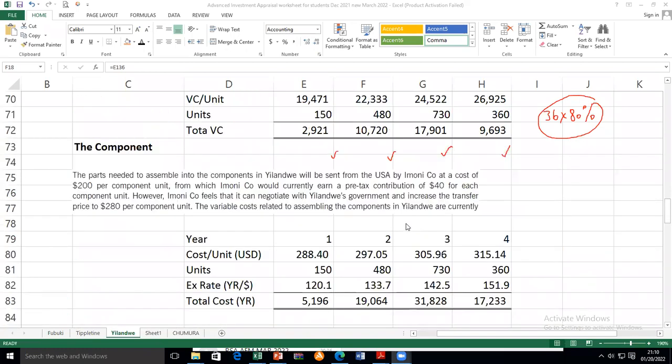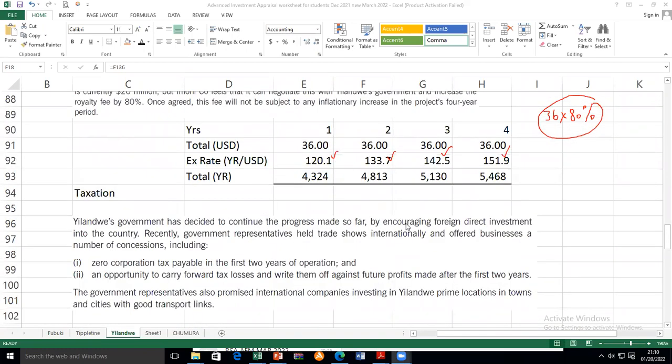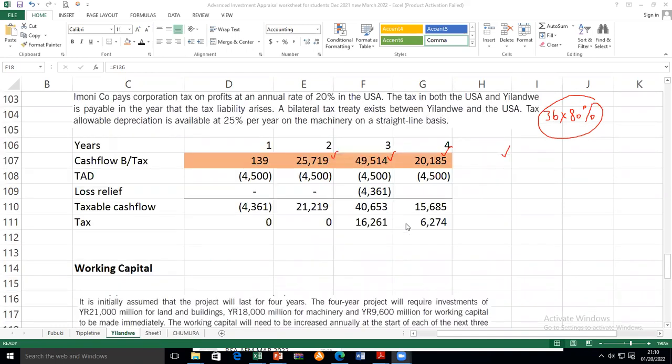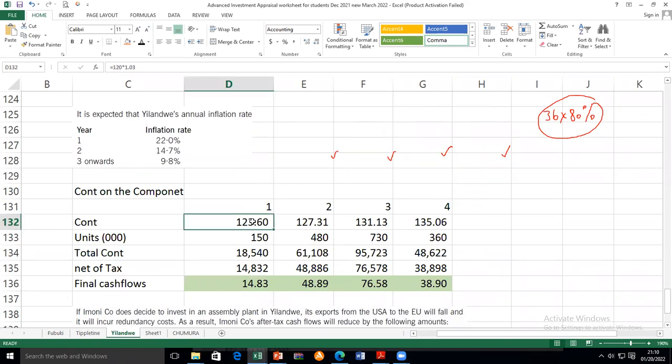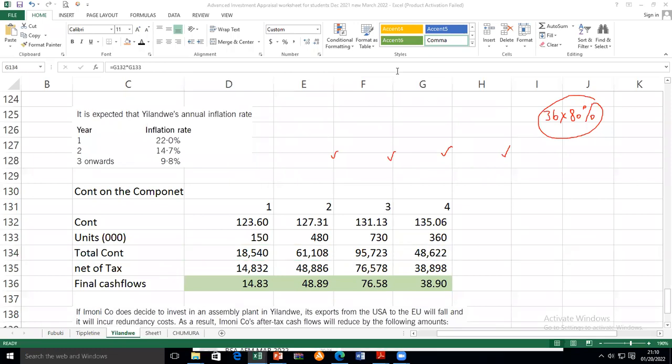What of the parts? We are sending parts of the component. We earned some money as head office. The money that we earned is here. 123 multiplied by the number of units. Total contribution. Net of tax.